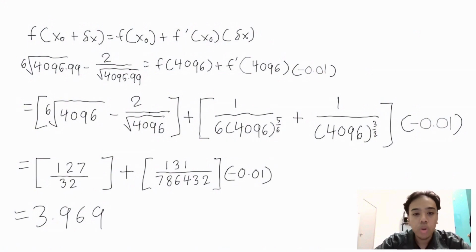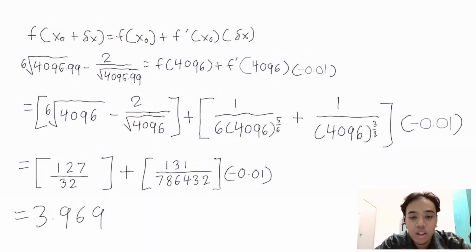So let's continue. To find the estimate value, we must use the formula of linear approximation, and the formula is f of initial value plus delta x equal to f of initial value plus f prime of initial value multiplied by delta x. So for this equation, it's really easy.